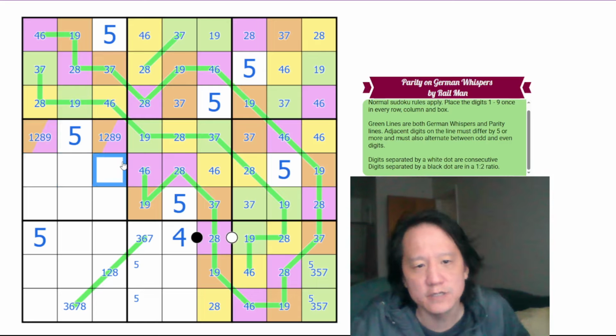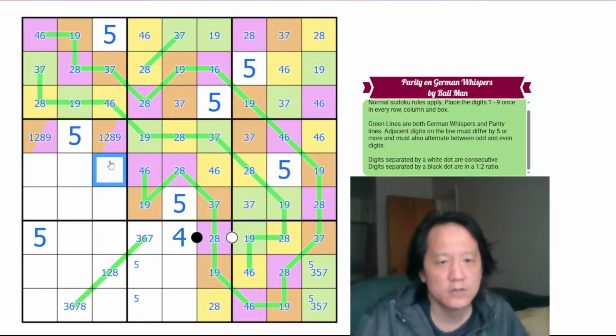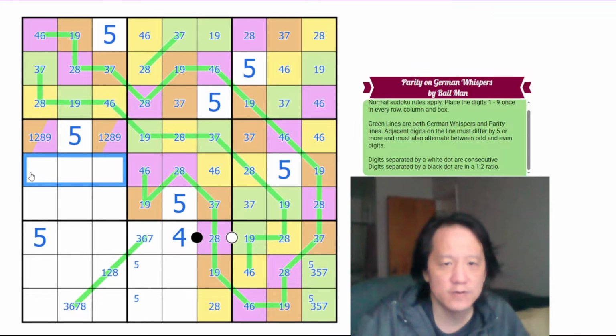Remaining digits in row 5. We have green 1, 9, which cannot be here. And then orange 3, 7, which can't be here. So green, we have both greens. So this could be green 1, 9.